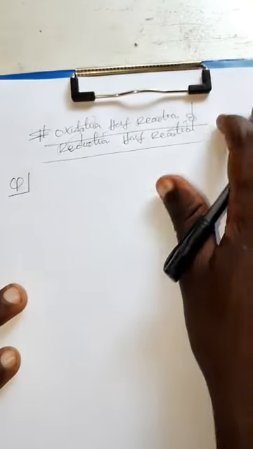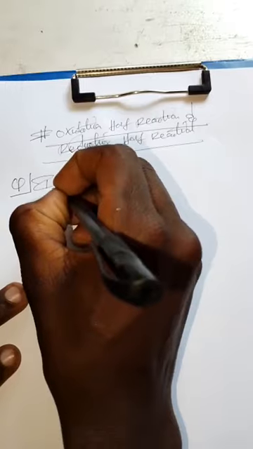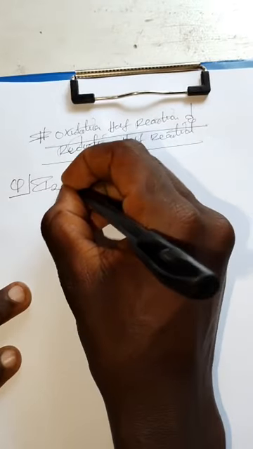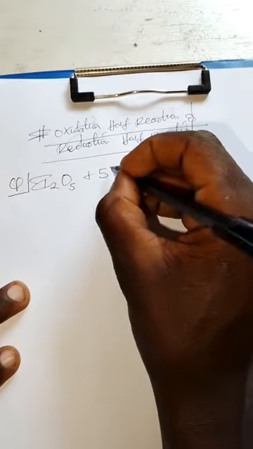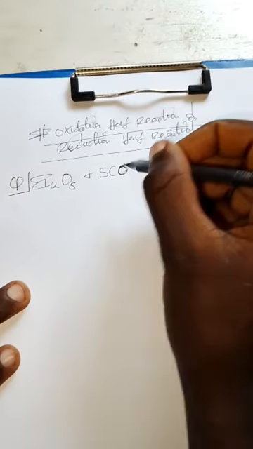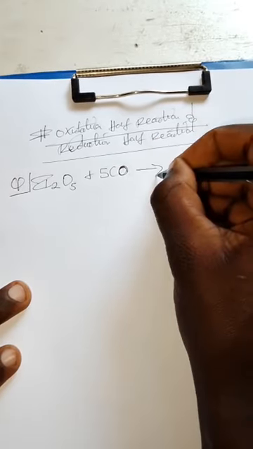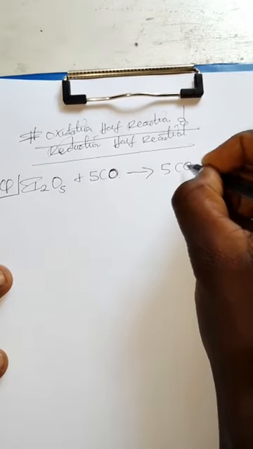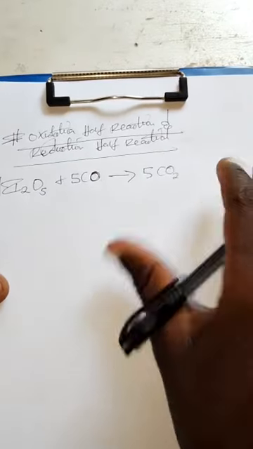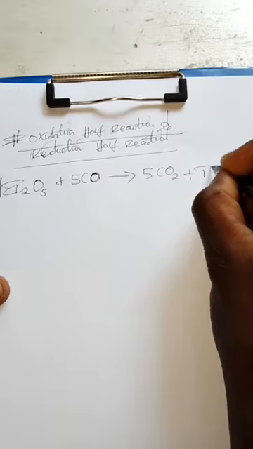So let's have this equation. 5 carbon monoxide being equal to 5 plus this.